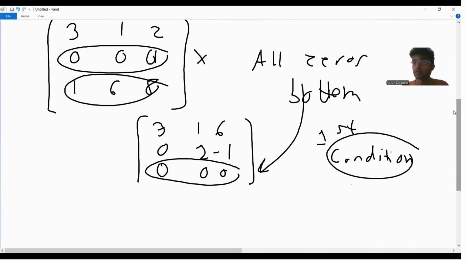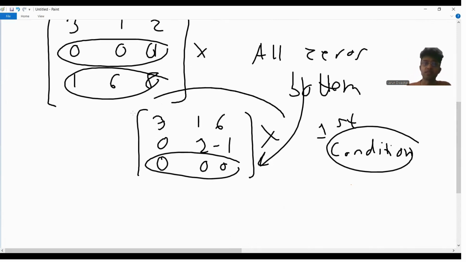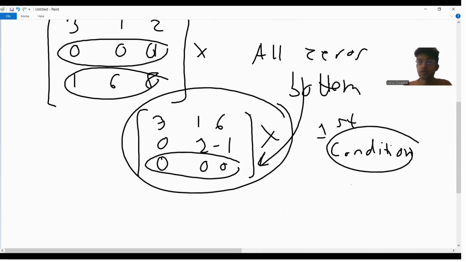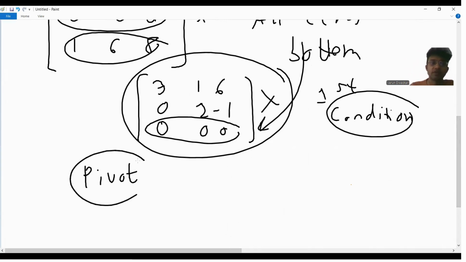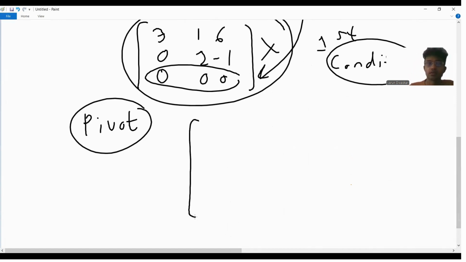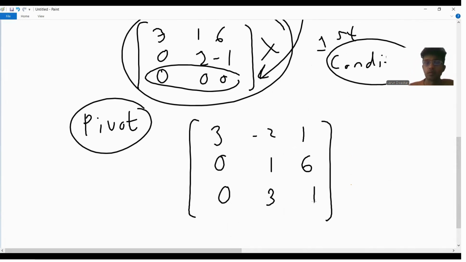But still, this is not yet an echelon form matrix, because the second condition needs to be fulfilled. This condition talks about the pivot value. So what are the pivot values? Consider a matrix: 3, -2, 1; 0, 1, 6; and 0, 3, 1.